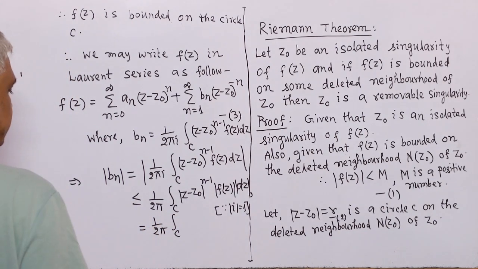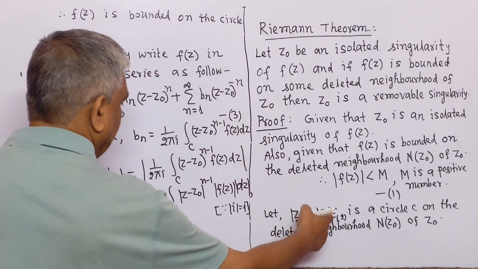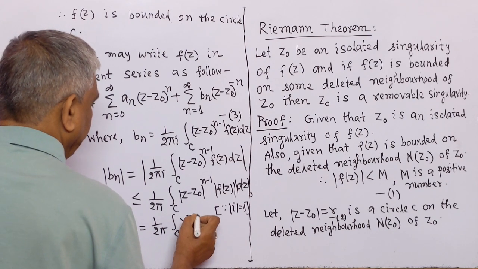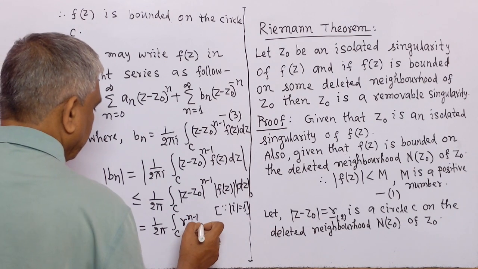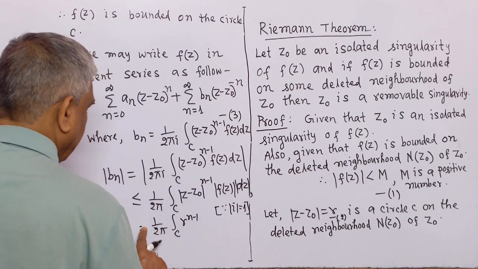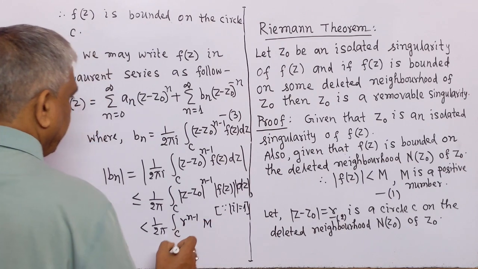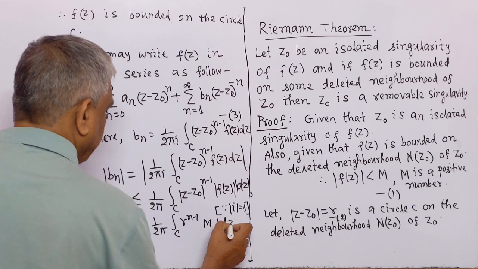Integration along the circle C. This is equal to r to the power n minus 1. Modulus of f(z) is less than M, and here modulus of dz.